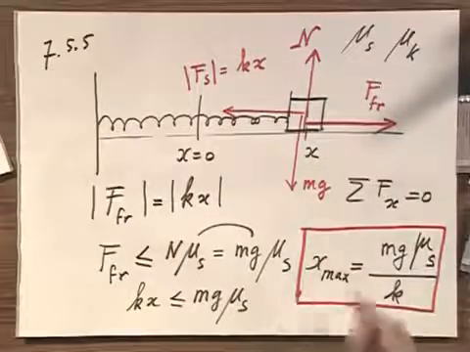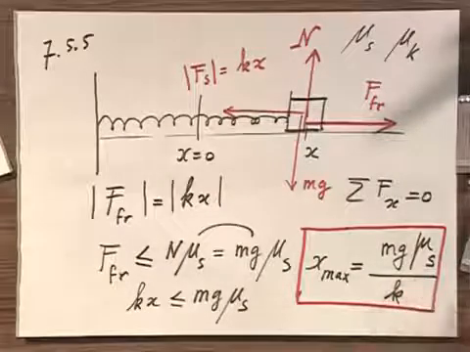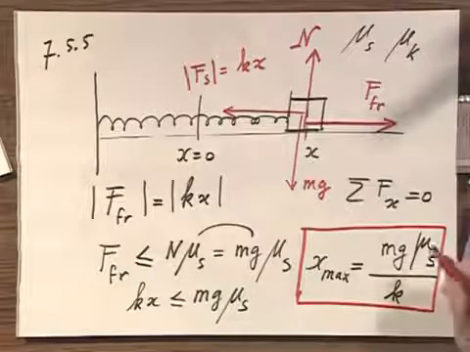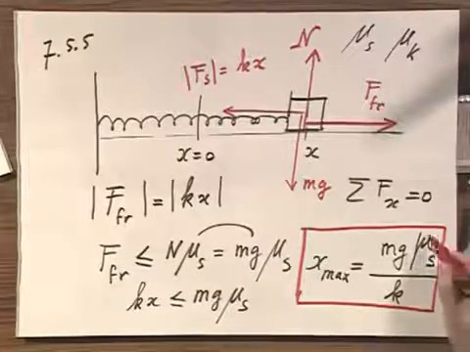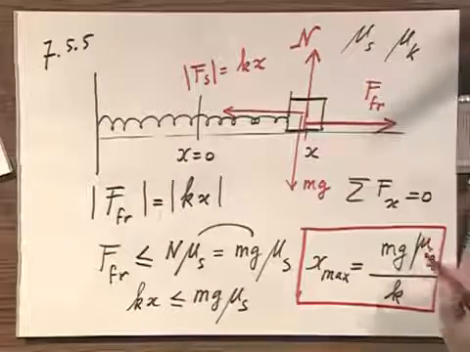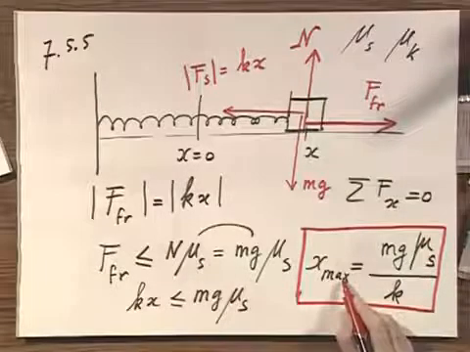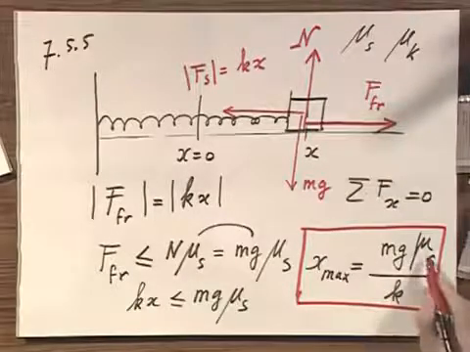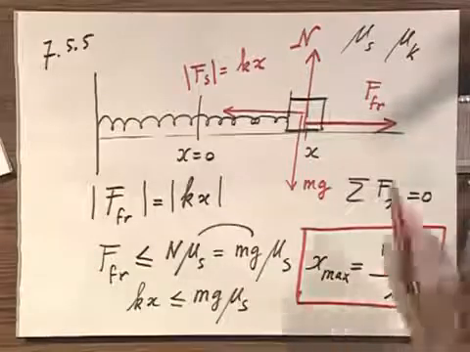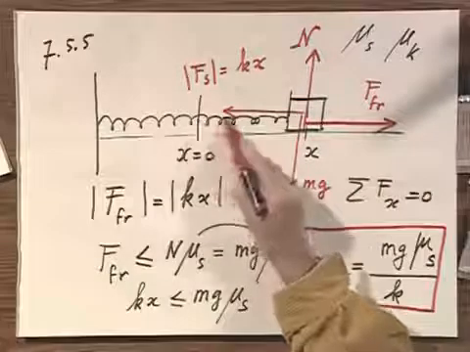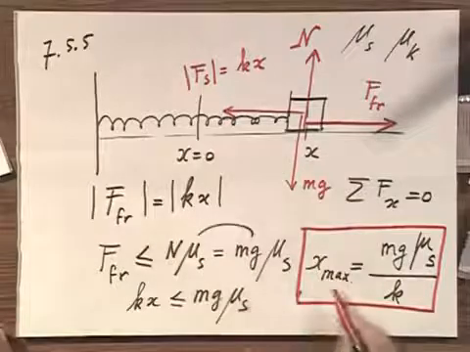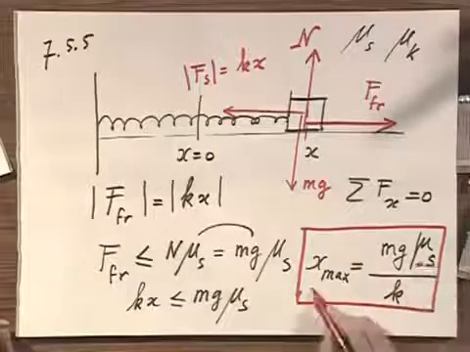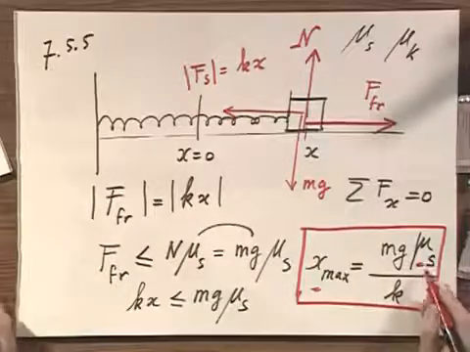And let's look at this result and see whether we can understand this qualitatively. The first thing is that if mu s were 0, notice that x maximum equals 0. That's immediately obvious. If there were no friction at all, there is no way you could move it to any distance, it starts to slide immediately. So the fact that it is linear with mu s is quite pleasing.